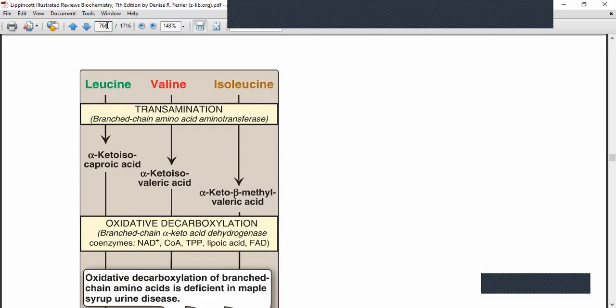Leucine in green is strictly a ketogenic amino acid. Valine in red is a glucogenic amino acid. Isoleucine in that color, which I might say is brown, sorry, I don't know for sure which color that is, is both ketogenic and glucogenic.